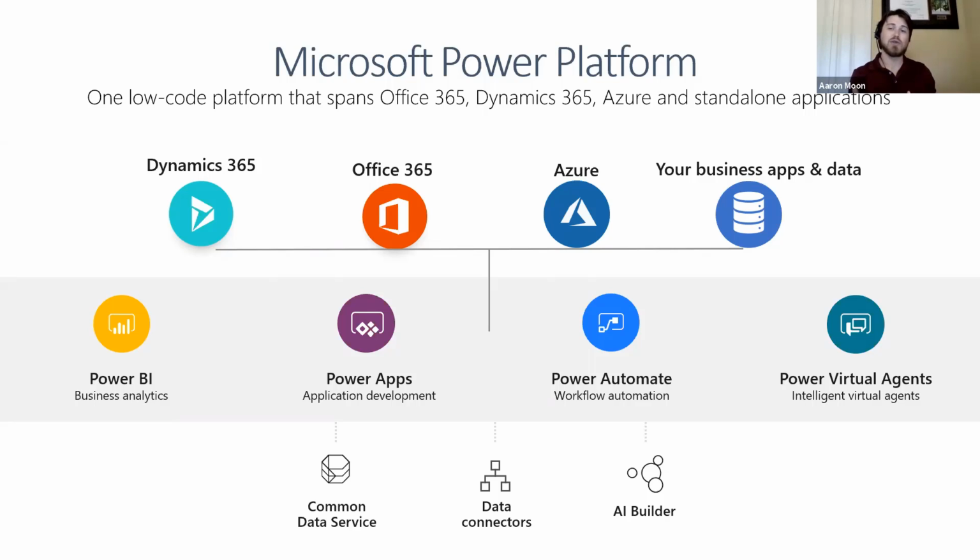And we've also got AI, so features that we can use from some of Microsoft's learning and development that they've done around AI to really enhance what we're doing with our business data and our business processes. So that's the platform as a whole. Again, the main bar there in the middle is what we're going to be focusing on. We're not going to talk much about virtual agents today, but we'll be talking about Power BI, Power Apps, Power Automate.